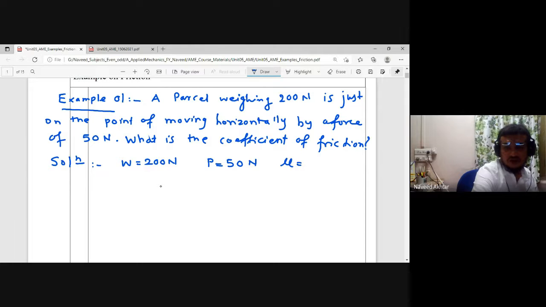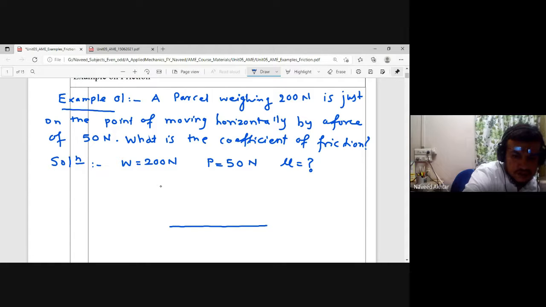Here we have to find out the value of the coefficient of friction, and the coefficient of friction is nothing but mu. So first we will make the figure. This is the horizontal plane where the block is resting, a parcel of weight W. I will write down the weight of this parcel is W, and weight is always downward, and W is given 200 Newton.